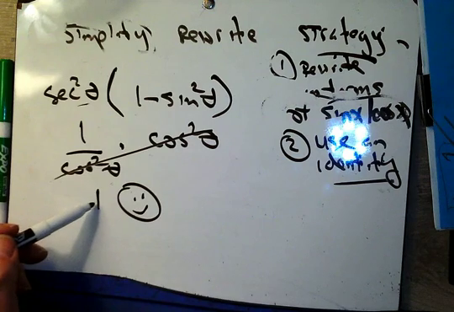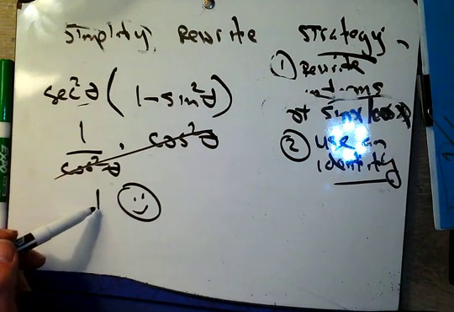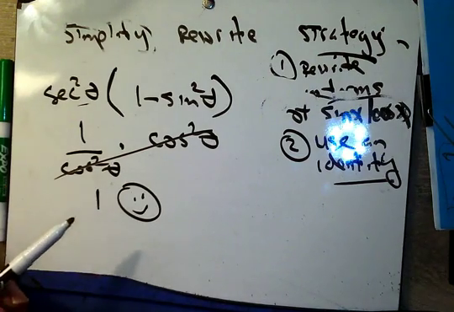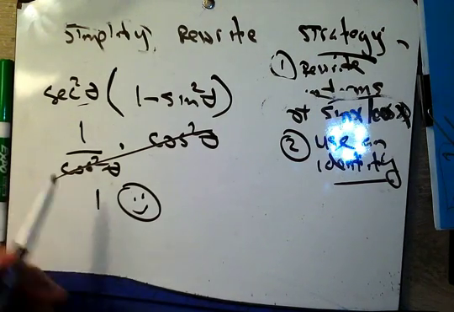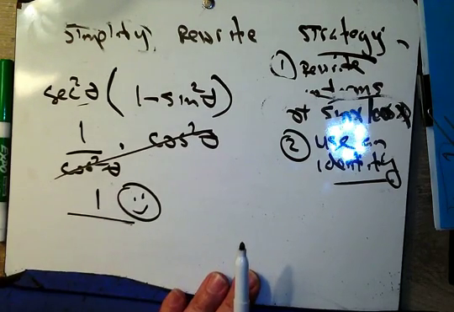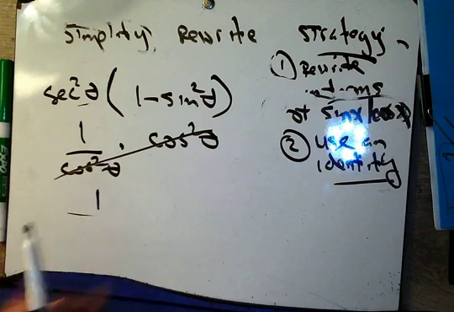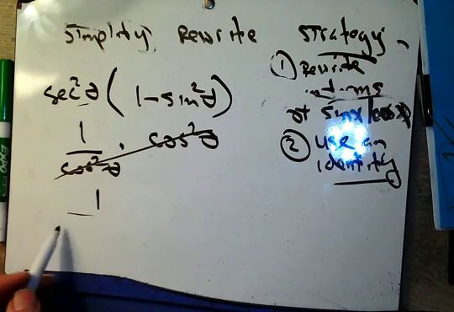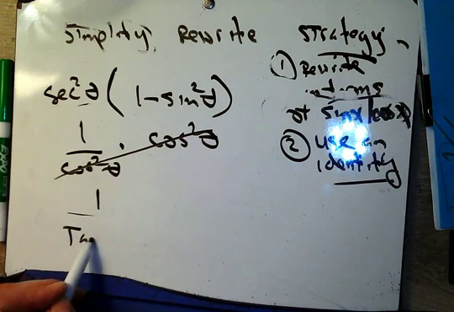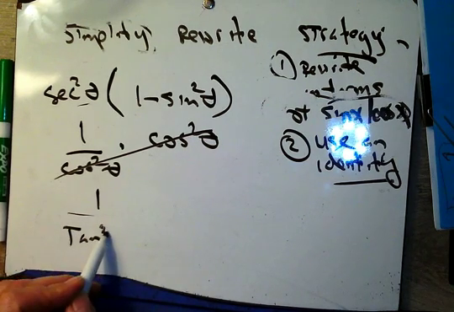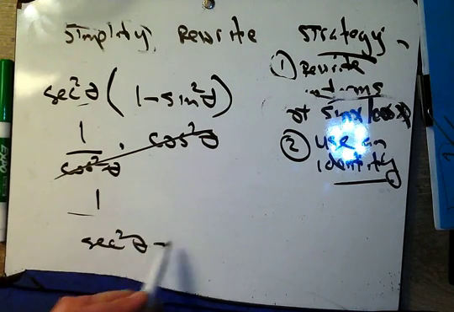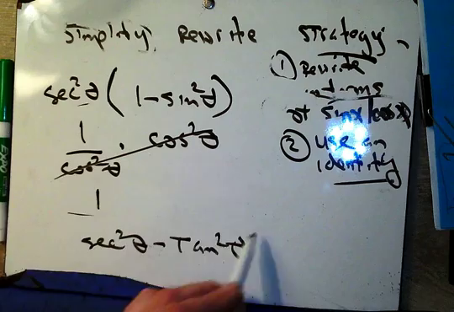Now, again, some people say, well, Mr. Guru, are you done? Well, I'm done because one term is better than two terms, and not a fraction is better than a fraction. And I can't get any more simplified than that. Now, it doesn't mean that there aren't things that I could replace this with, like 1. Well, 1 is equal to secant squared minus tangent squared.